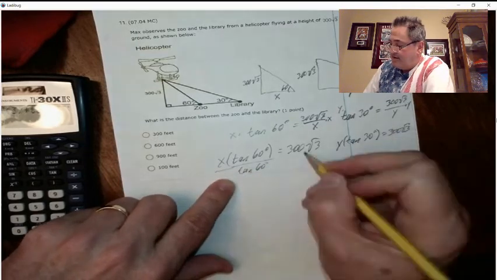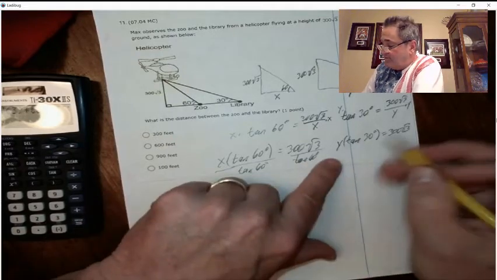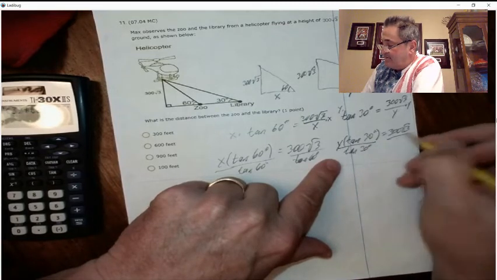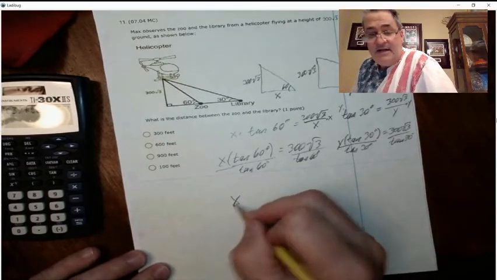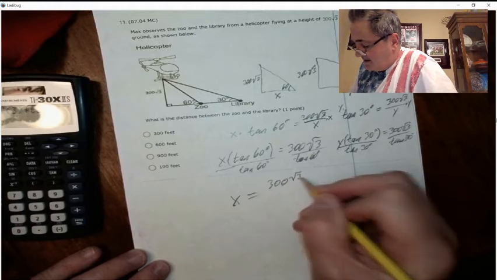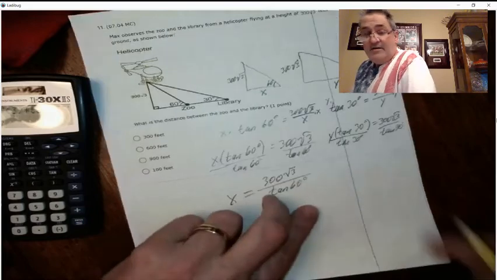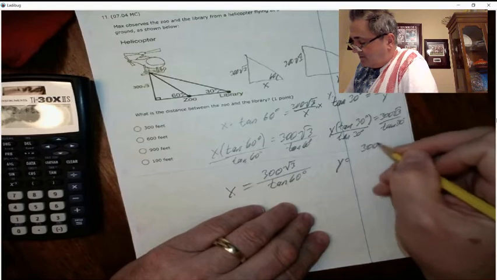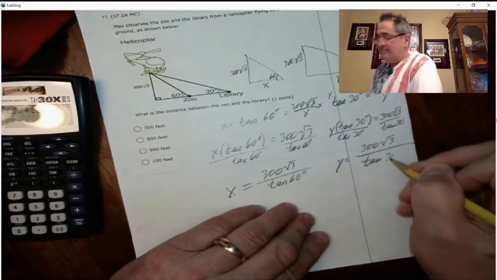Same thing over here. We want y by itself. Right now y is being multiplied by the tangent of 30, so we're going to divide by the tangent of 30. So what does x equal? x equals 300 times the square root of 3 divided by the tangent of 60 degrees. What about over here? y equals 300 times the square root of 3 divided by the tangent of 30 degrees.